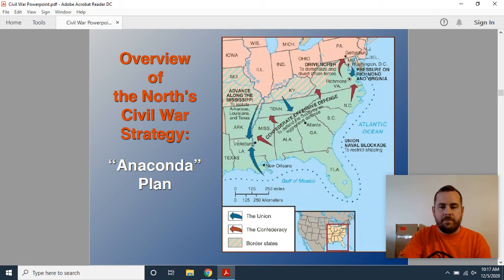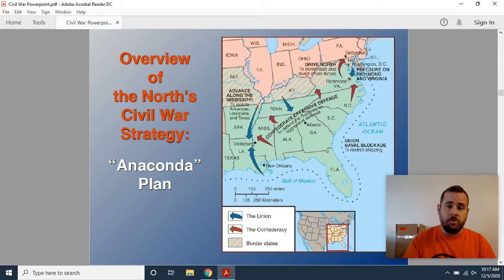This may or may not have come up in the discussion board for some of you, but this is the North's Civil War strategy. Because the North has so much more manpower, factories, money, they have a navy, they have a larger army, their strategy is going to be composed of 3 steps: surround, divide, and conquer.